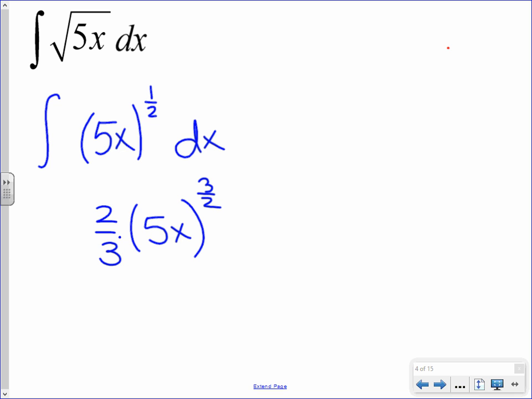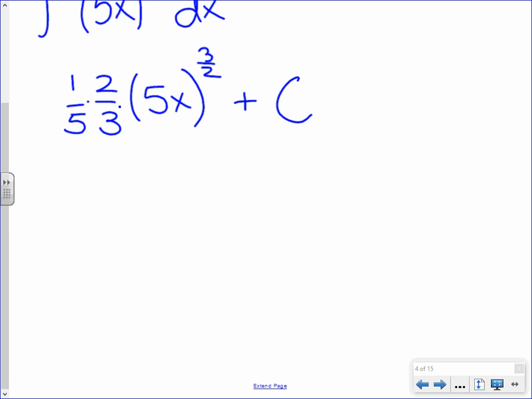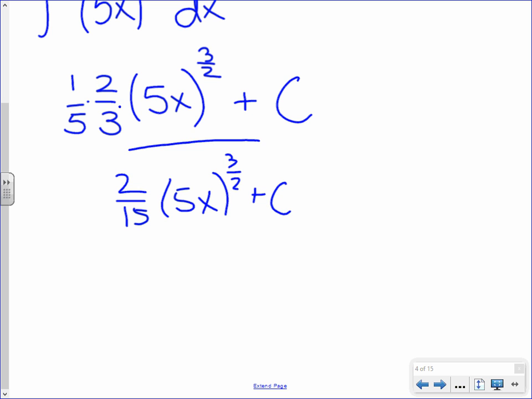And since we have a coefficient with that x, we have to think about that chain rule coming into play. Okay. So what we really have is 2/15 times 5x to the 3/2 plus c.